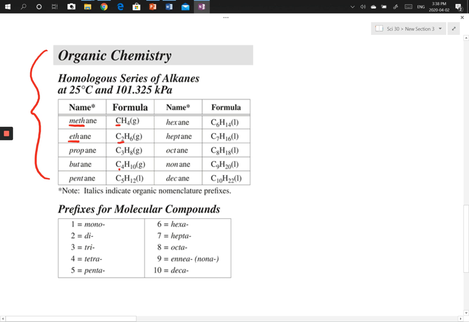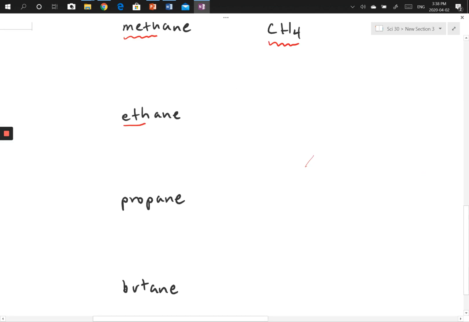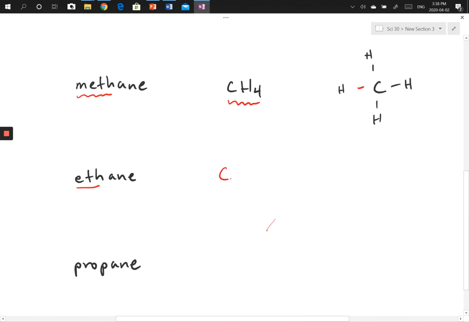Eth means 2 carbons. So if I look at ethane, ethane is going to have 2 carbons. And I can do that little formula to figure out how many hydrogens there would be. I can say, okay, 2 times the number of carbons plus 2. So I'm going to take 2 times 2 plus 2 makes 6.